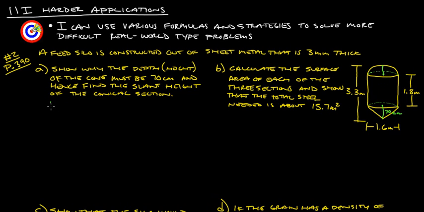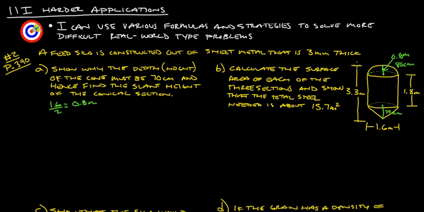So really what we're going to want to do is take 1.6 and divide it by 2, which gives us 0.8 meters. So we know that this radius here is 0.8 meters, which, if we move the decimal over twice, turns it into 80 centimeters. Okay, let's stick with 0.8 for now, but we'll use the 80 maybe in a little bit.